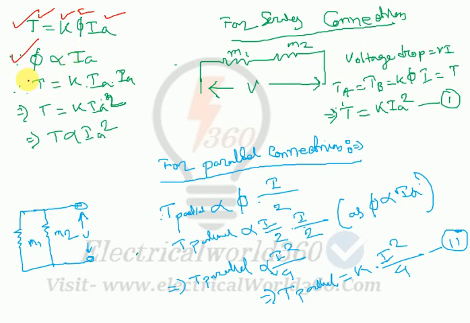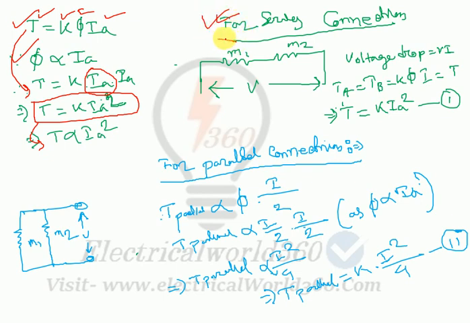So we can write the equation this way: T equals K, a constant, into current into current, that is, T equals K into I square. From here we can say T is proportional to I square.